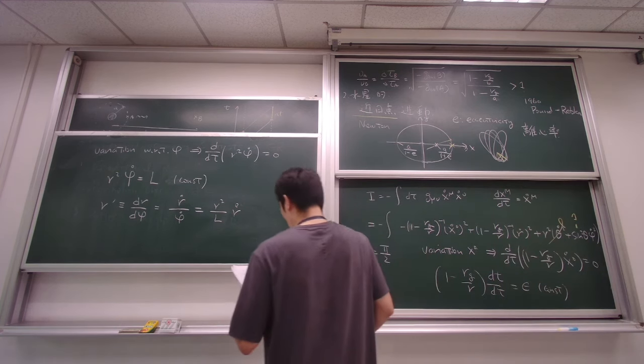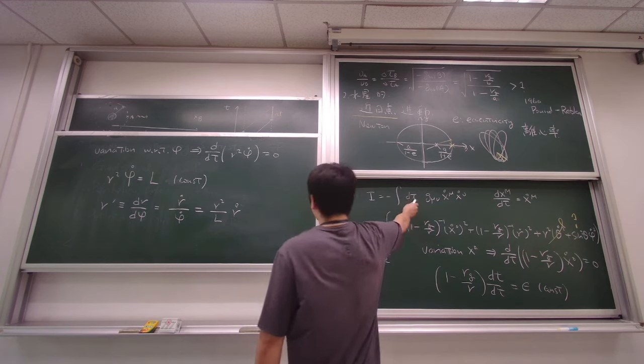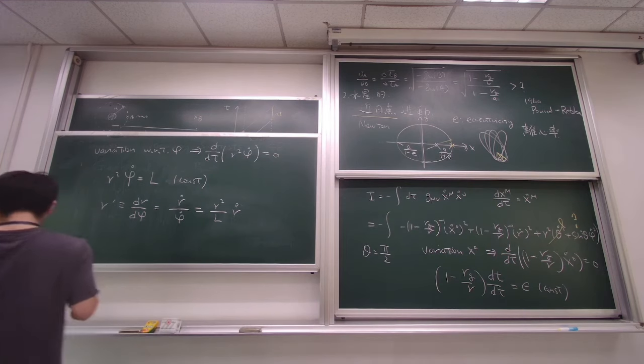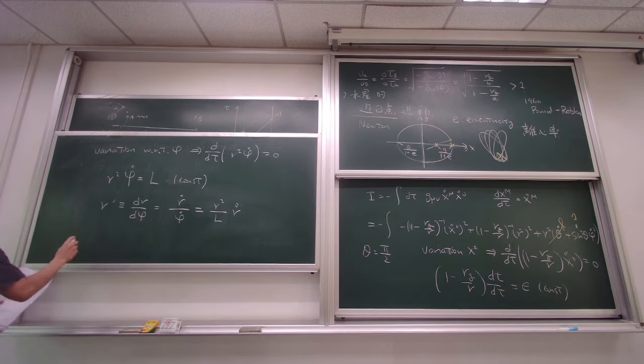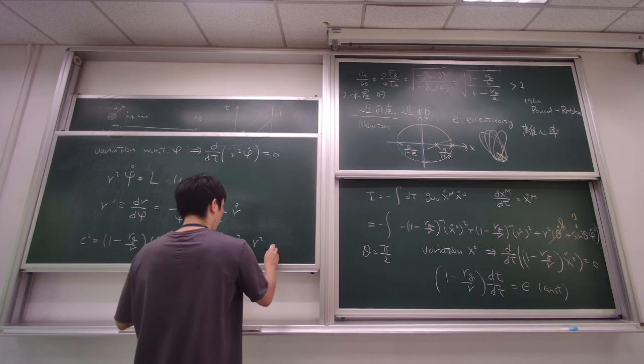We know that here τ is the proper time. We can just write down 1 minus rg over r, and then x dot 0 squared inverse, r dot squared plus r squared, and then plus L squared over r squared.